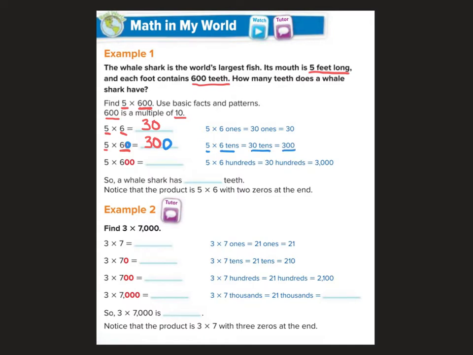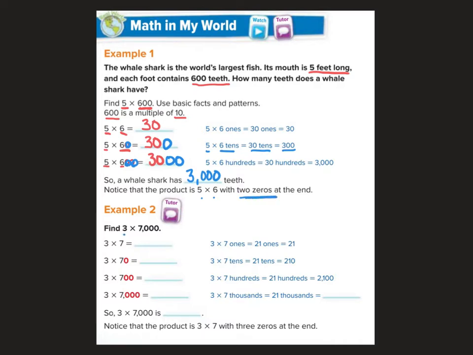So again, 5 times 6 is 30, but now I have 2 zeros, so I need 2 zeros here. See how we matched them up? I'm just doing 5 times 6 as a base each time, and then seeing how many zeros I have. So a whale shark has 3,000 teeth. Notice that the product is 5 times 6 with 2 zeros at the end.